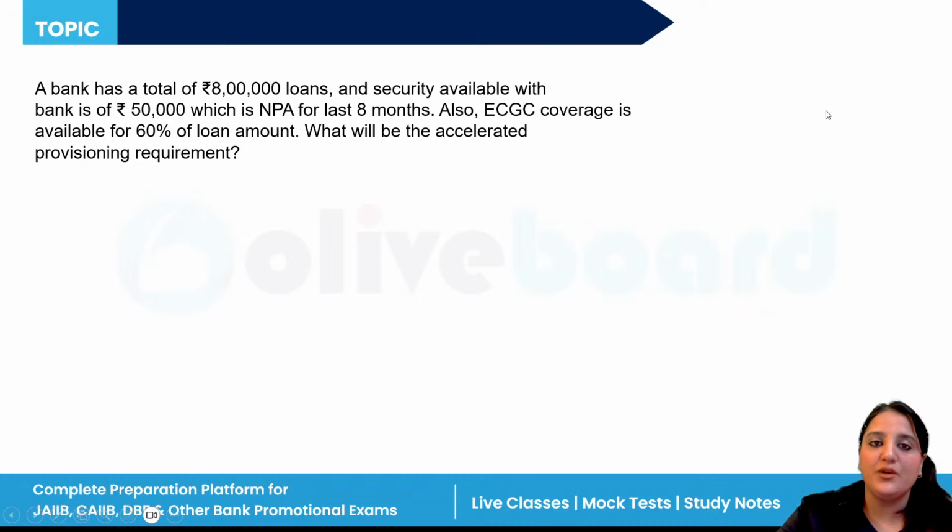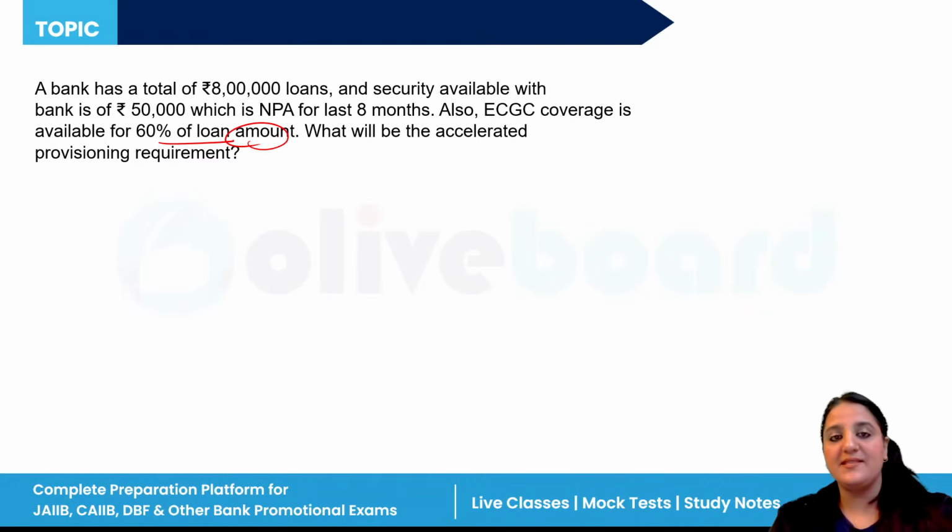If the bank has a total 8 lakh loan and security available with the bank is 50,000, which is NPA for the last 8 months, and ECGC coverage is available for 60% of the loan amount, what is the accelerated provisioning requirement?